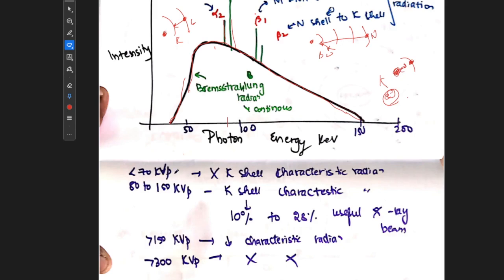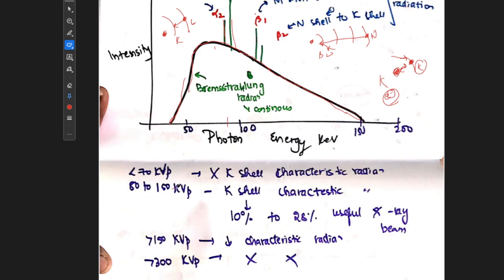If the cathode electron has energy of less than 70 kilo electron volt, it cannot replace or hit this K shell electron. As a result, no characteristic radiation is produced.